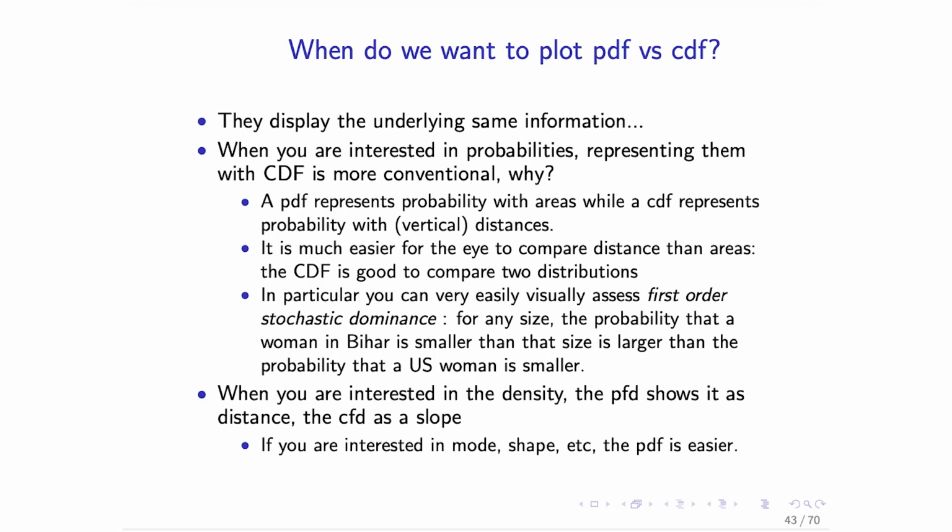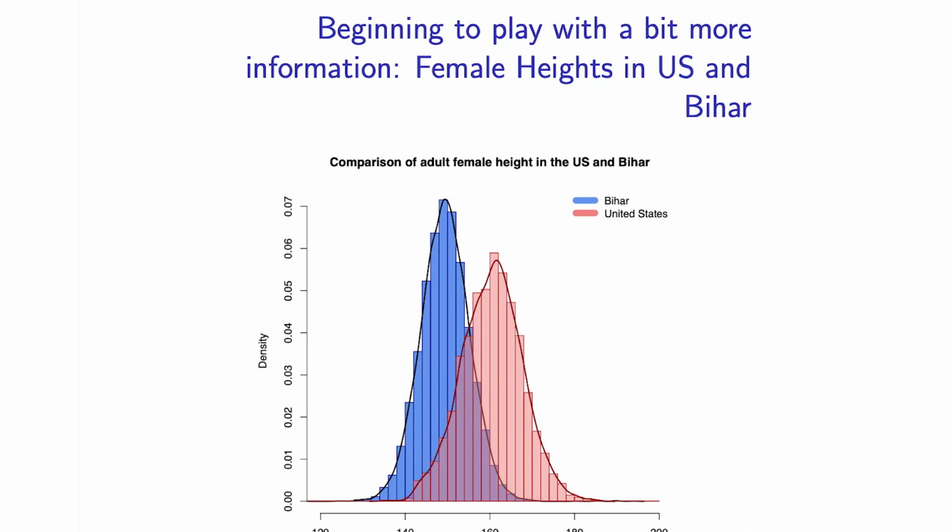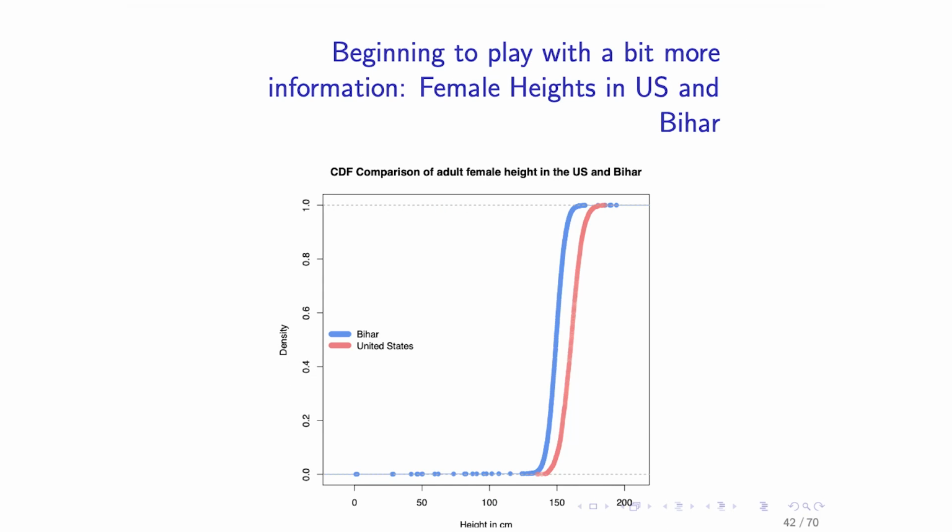But there is also something that has more to do with cognition and how we perceive things, which is that the PDF represents probabilities, to be in a particular interval or smaller than a number, with areas. So we had to look at triangles, whereas the CDF does it with vertical distance. And it's a bit easier for the human eye to compare distances than to compare areas.